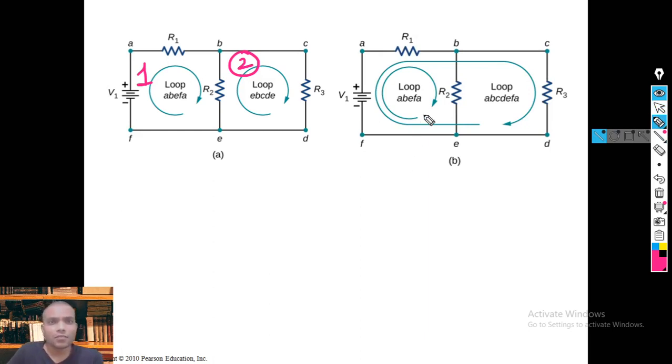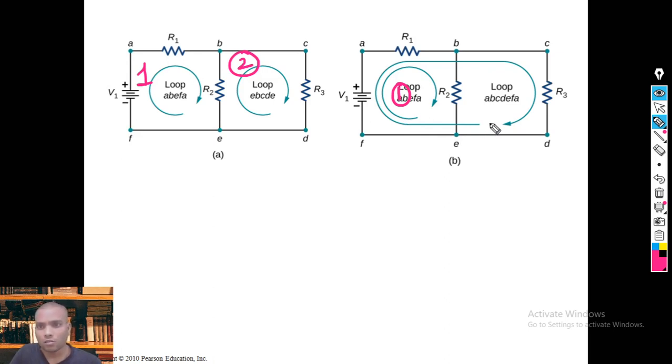Suppose you consider the first loop as it is, which is a small loop. But now the second time, instead of considering the small loop E, B, C, D, E, we can consider a long loop which covers all the resistances.